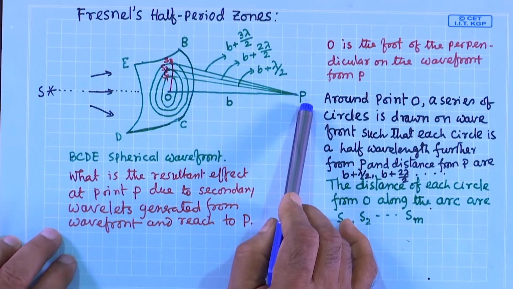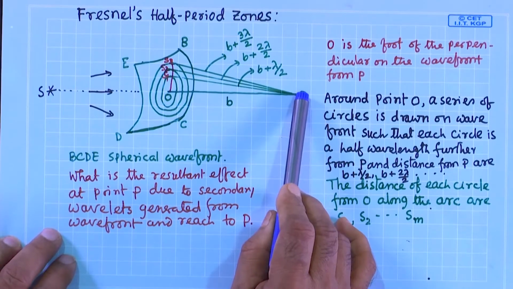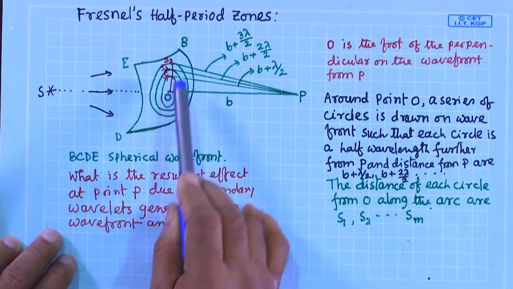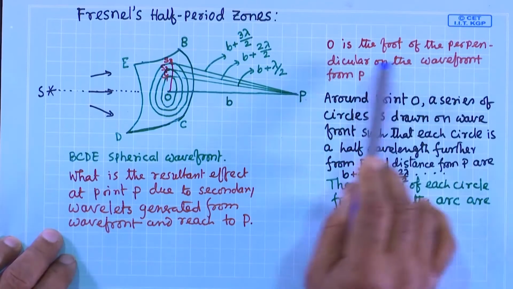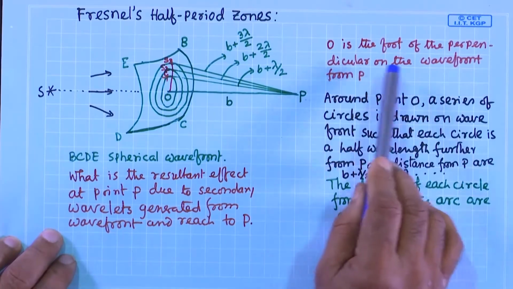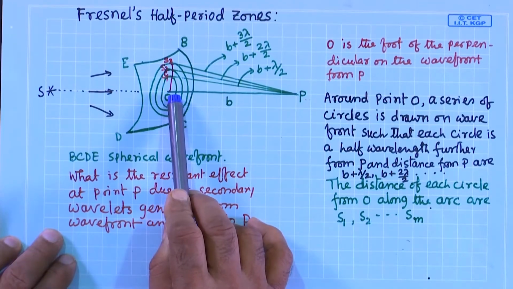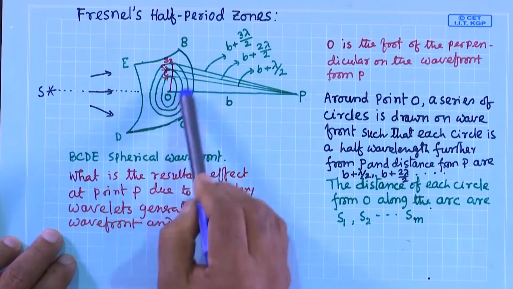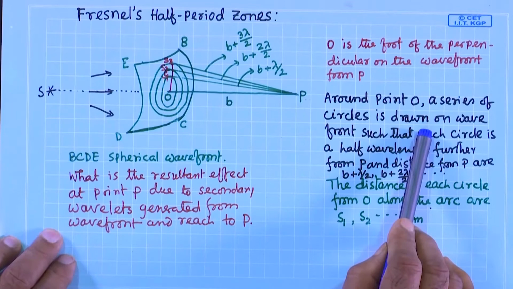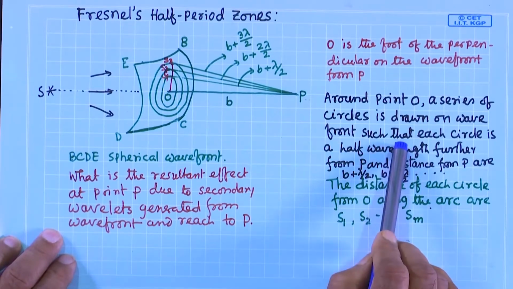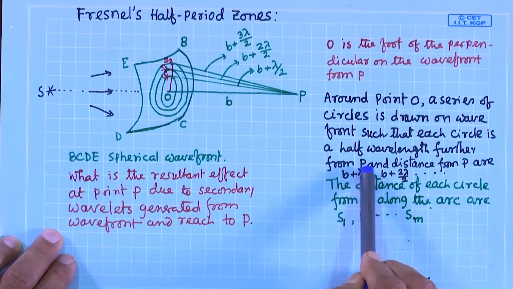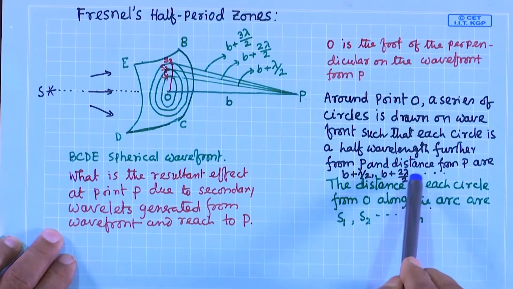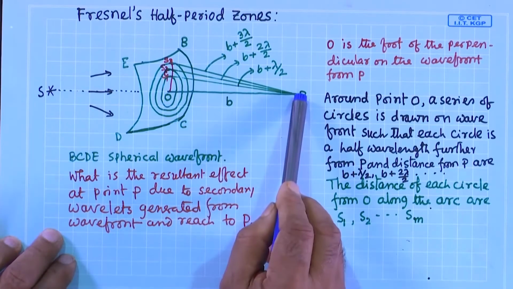From point P, draw a normal to the wavefront; O is the foot of the perpendicular on the wavefront from P. Now, around P on the wavefront, a series of circles is drawn such that each circle is half a wavelength further from P, with distances B plus lambda by 2, B plus 2 lambda by 2, B plus 3 lambda by 2. Here B is OP.